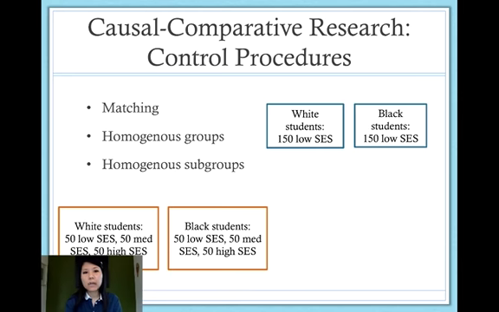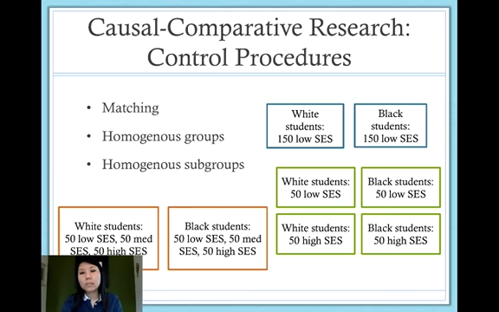Kind of similar to matching, but homogeneous groups mean that the groups are the same, essentially, on this particular level of the control variable. So it doesn't have to be low SES. Maybe I just take 150 high SES kids, right? And I break them up by these are the white kids and these are the black kids.